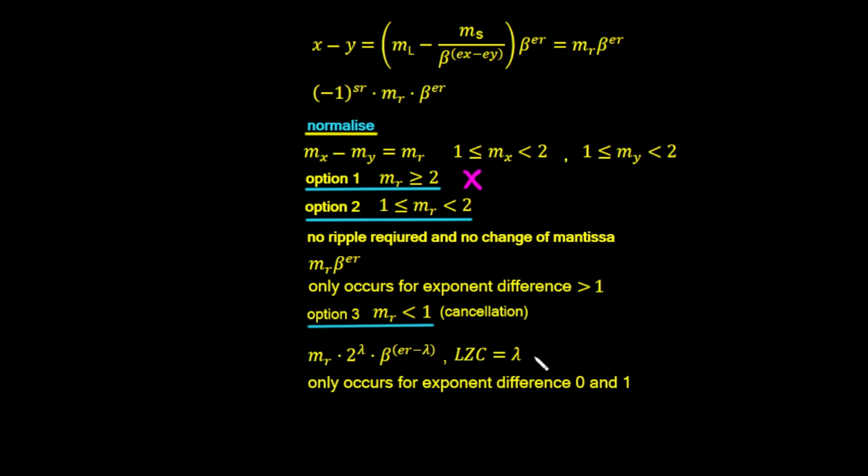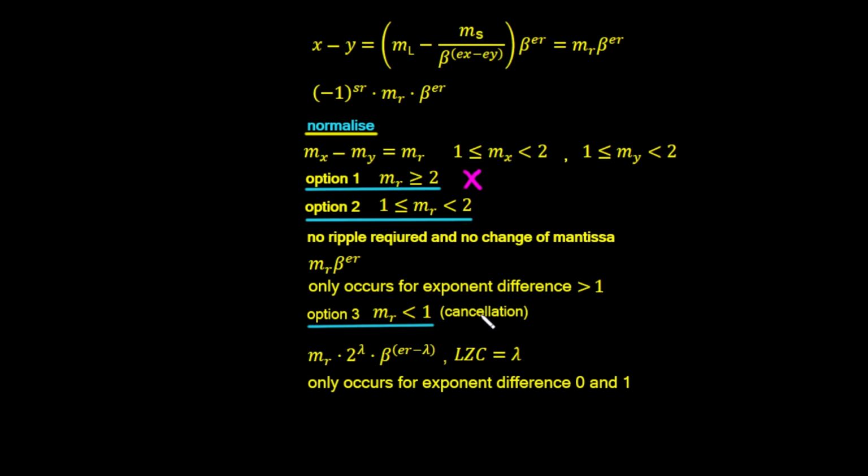So we count these leading zeros, and this is the number lambda, and this is the little equation that determines the output. So we're going to have 2 to the power of this leading zero count, and the value for our exponent is going to be the result, and we're going to subtract off this leading zero count.